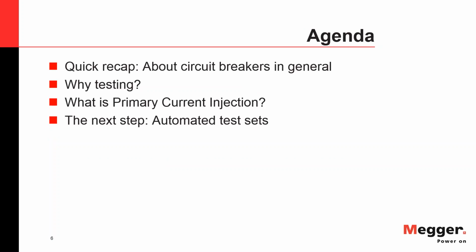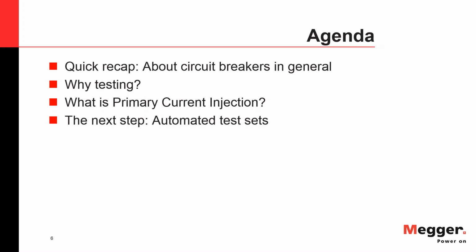So the agenda for today will be 4 chapters, 4 topics. The first one will be just a quick recap to refresh everybody on circuit breakers in general. I will go through that fairly quickly because it's not the main focus of the presentation, but I need to cover some of the basics so we're talking about the same things and everybody has a basic understanding of the test object that we want to test here.